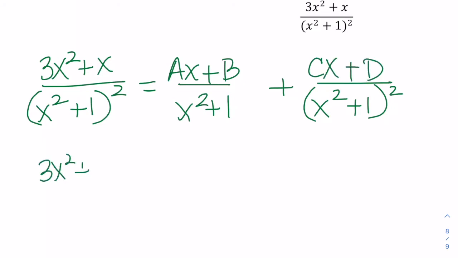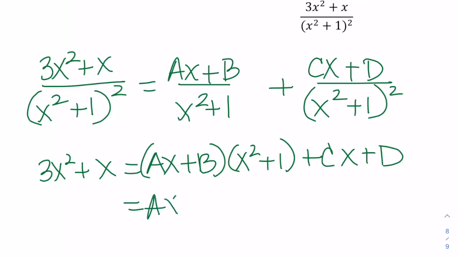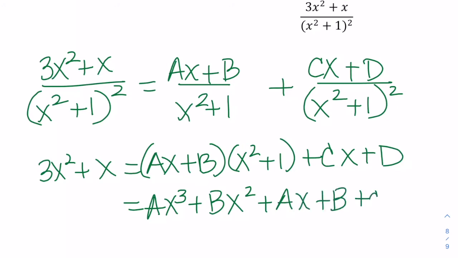Multiply both sides by the denominator, and we get ax plus b times x squared plus 1 plus cx plus d. Now here's a little bit of foiling. So you have bx squared plus ax plus b, cx plus d.